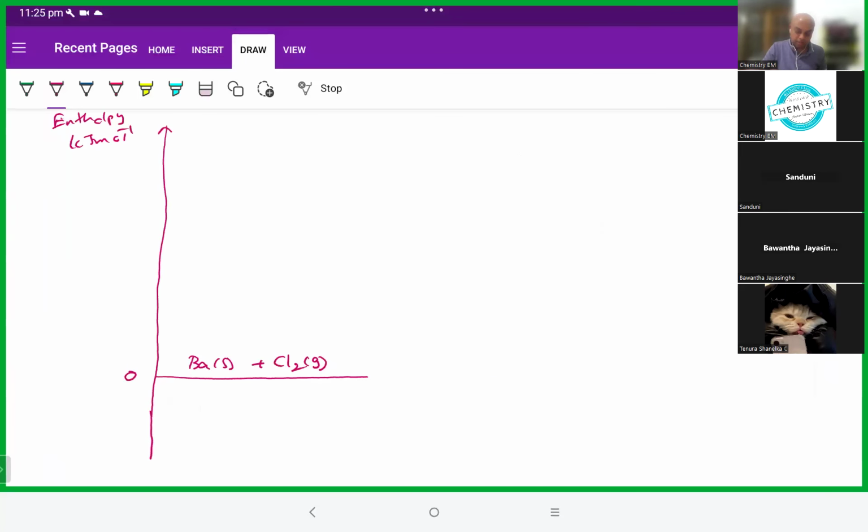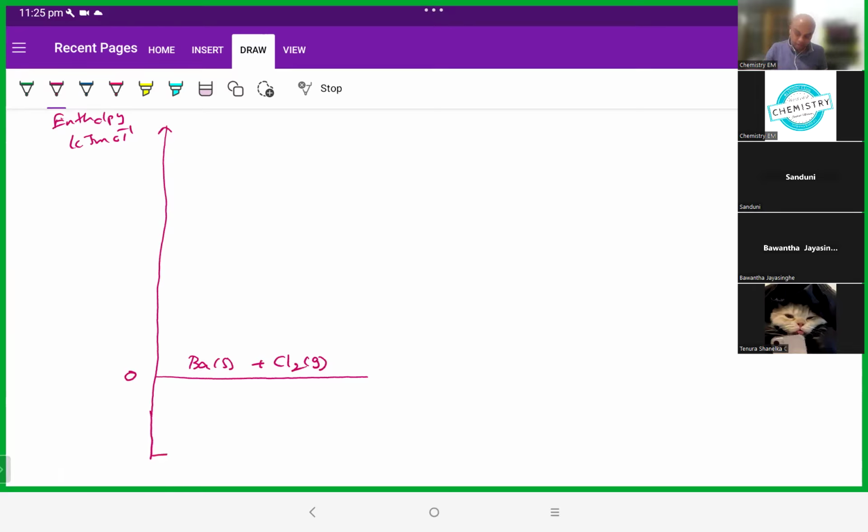Actually, you should have a clear understanding of the formation enthalpy equation. Formation enthalpy equation means the produced products should be in the standard conditions, and the reactants also should be in the standard conditions. So barium solid plus chlorine gas, Cl2 gas, is converting into barium chloride solid, right?